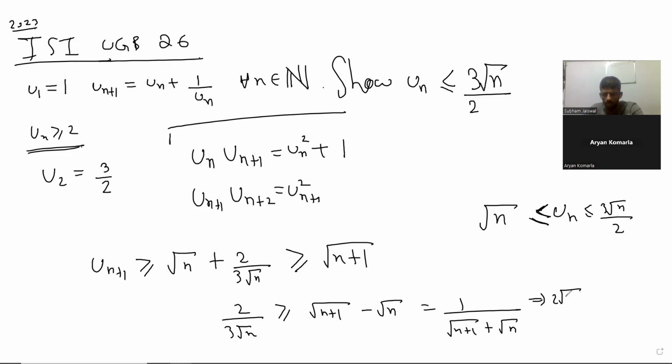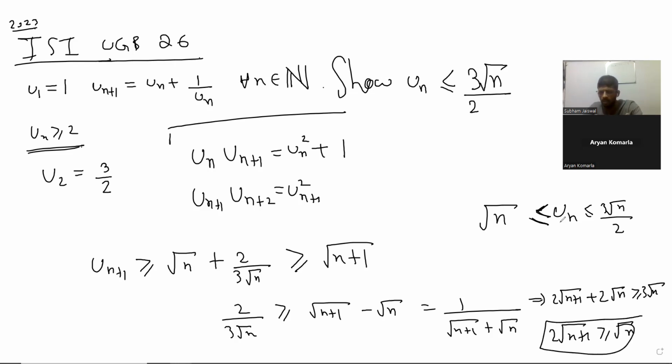Finally, this calculation comes down to 3 root n plus 1. Yes, this is correct, of course. Shouldn't it be 3 root n? Okay, sorry, 3 root n. Then it's even better, right? Yes, better for us.